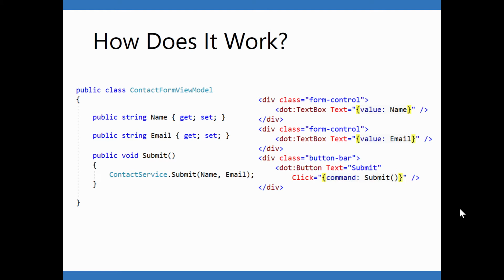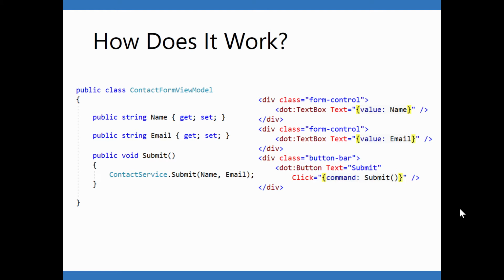Every DotVVM component starts with some prefix, so .text box. And there is the data binding, which is the stuff in the curly braces, which says that the name property from the view model will be bound to the text box. The data binding works in two ways. So when the user enters some value in the text box, this will appear in the C# object.